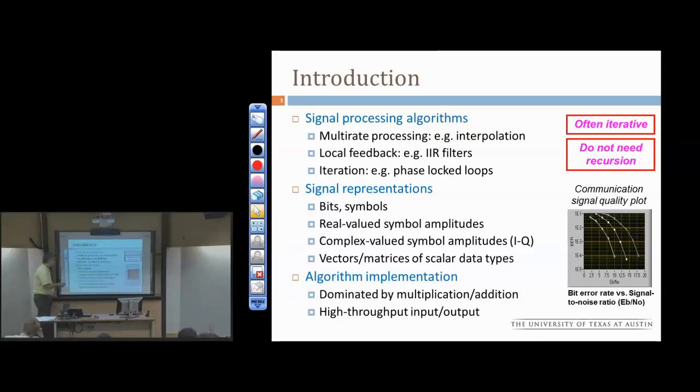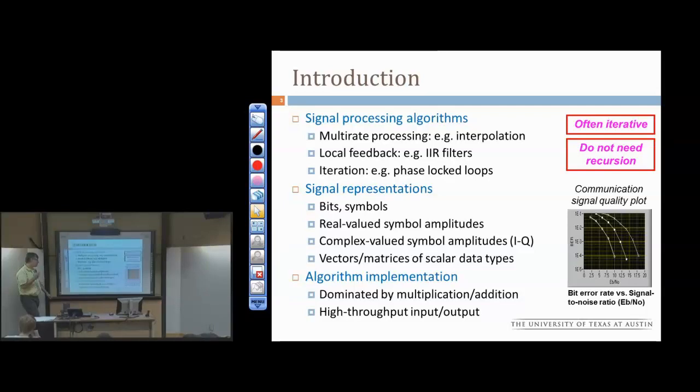Signal representation, we looked at bits and symbols, where symbols are just groups of bits. Our symbol amplitudes have been real valued, but we can also think of them as complex valued for quadrature amplitude modulation. We have an in-phase component and a quadrature component, and so we can think of that as complex valued, with the in-phase component being the real part and the quadrature component being the imaginary part. We've done a lot of work with vectors and matrices, probably more so with vectors than anything else.